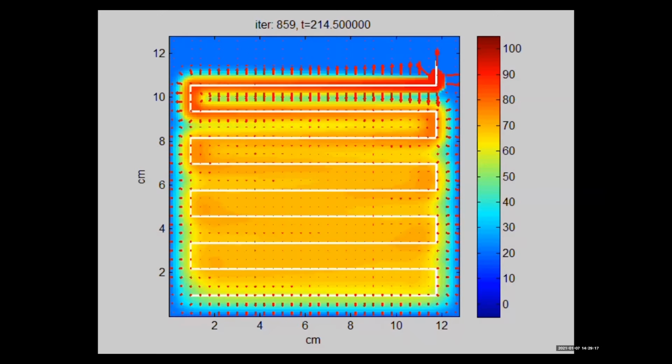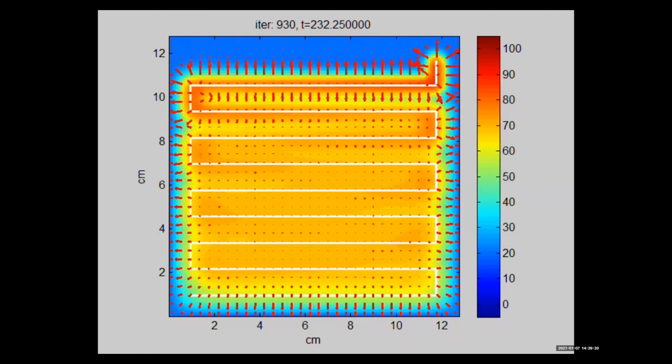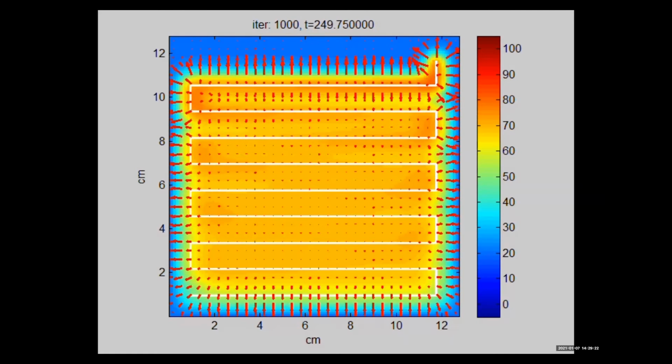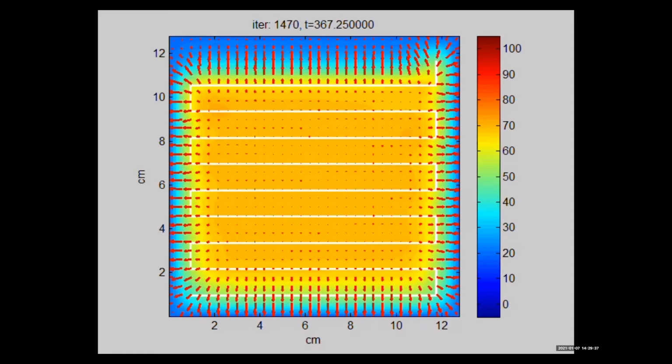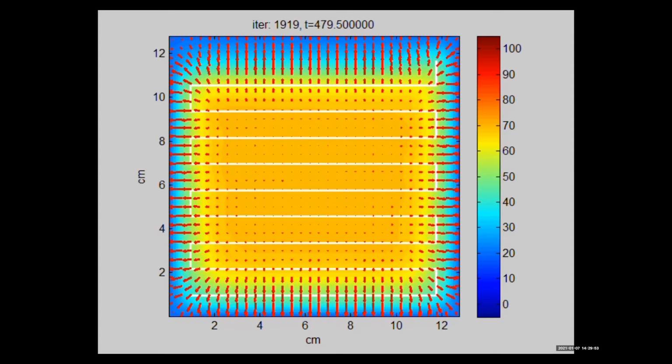This domain is bounded by a material that acts as a sink, so it absorbs the heat flowing to outside the domain, and overlaid is the gradient of the temperature. And this is 128 by 128 points.